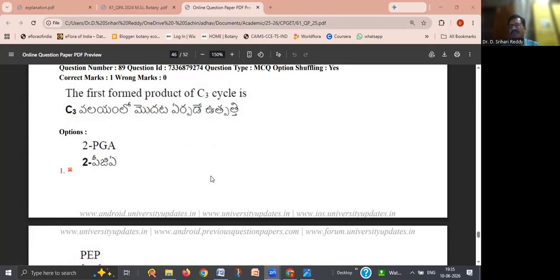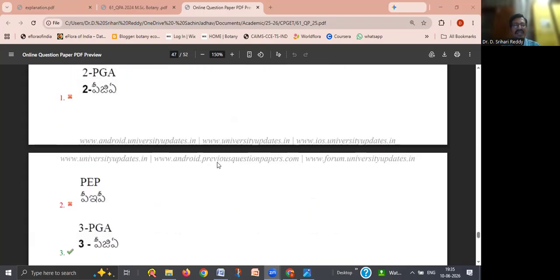But there is one more thing, photorespiration, because Rubisco acts both as a carboxylase and an oxygenase. What is oxygenase? If the carbon dioxide concentration in the atmosphere is less than 40 ppm and the oxygen concentration is more, it leads to another cycle called photorespiration. So you have to remember this.